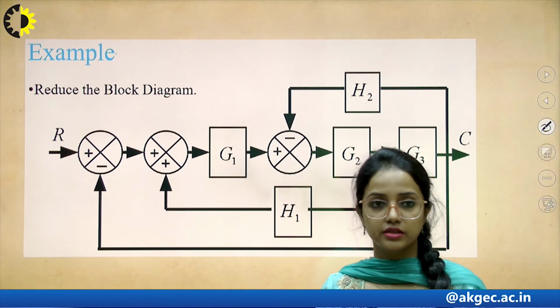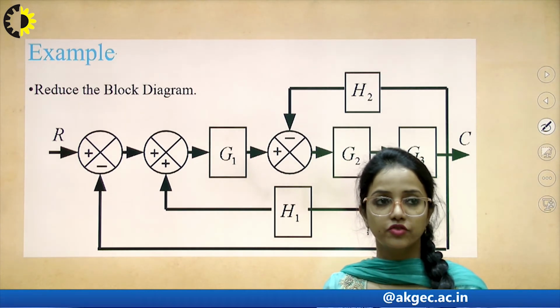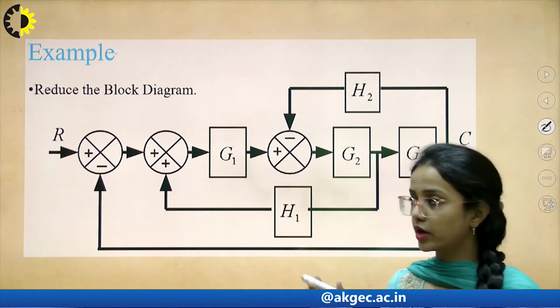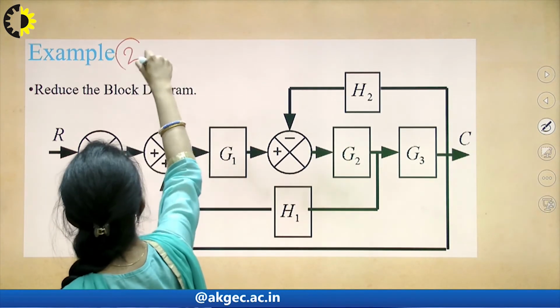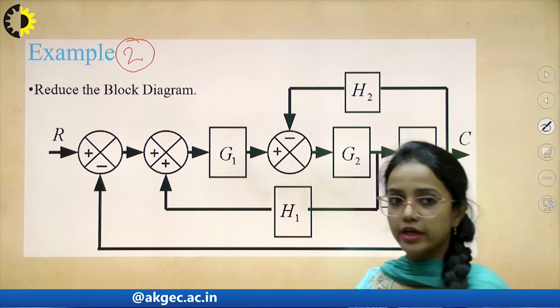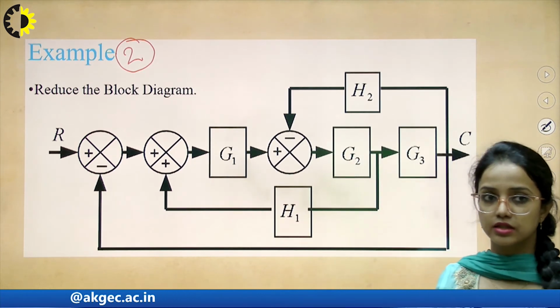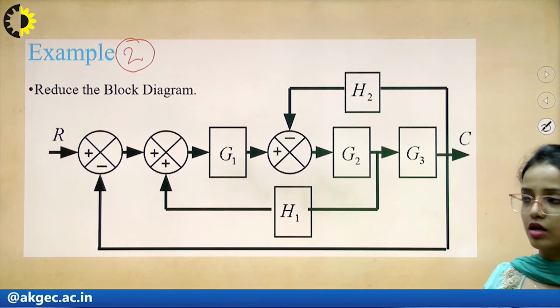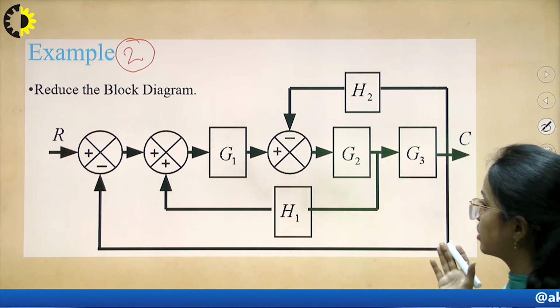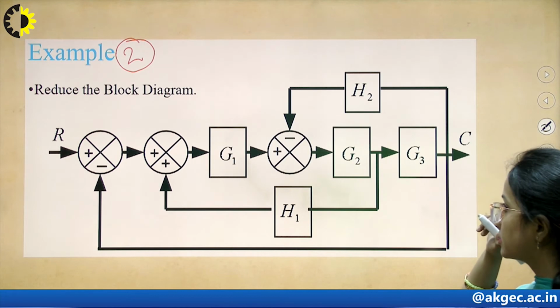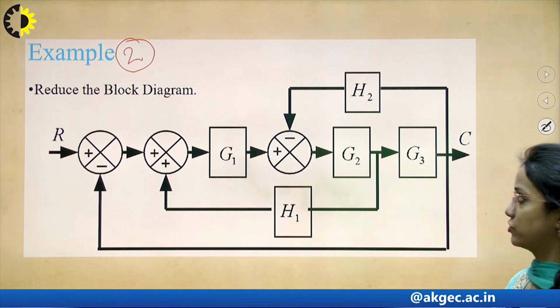Entering into another example where we are going to reduce the given block diagram. So this is example number 2. Here we see that straight away reducing looks impossible, so we need to make some shifts so that the reduction is achieved.